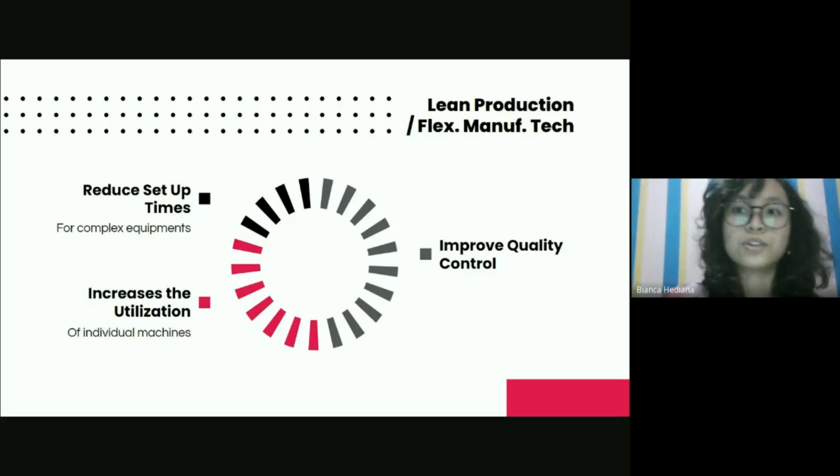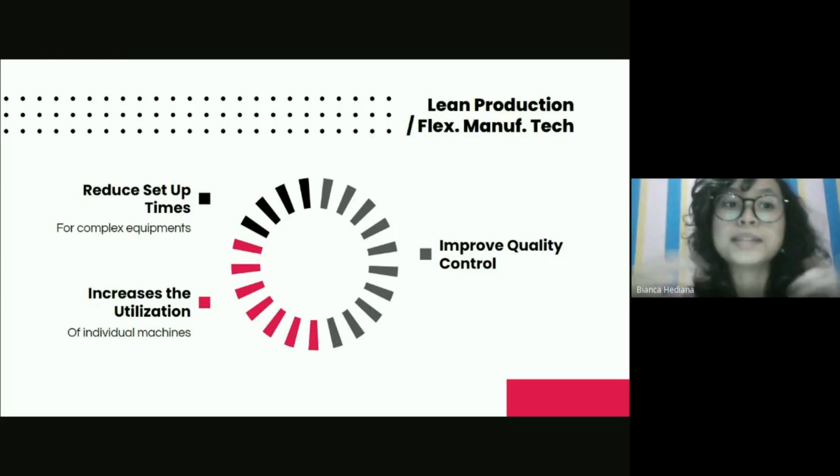Then there's the term flexible manufacturing technology, or we can call it lean production, as it is often called. It covers a range of manufacturing technology designed to, first, reduce the setup times for complex equipment; second, increase the utilization of individual machines through better scheduling; and third, improve quality control at all stages of the manufacturing process.